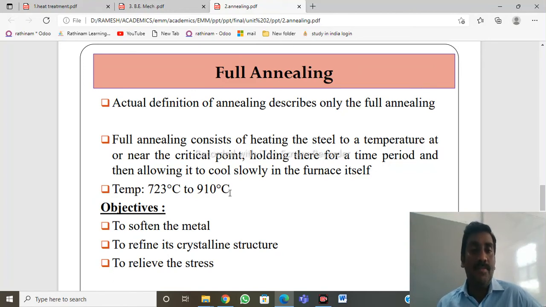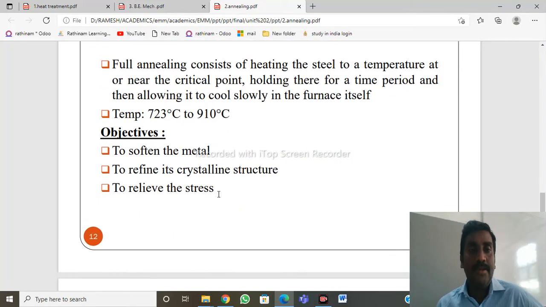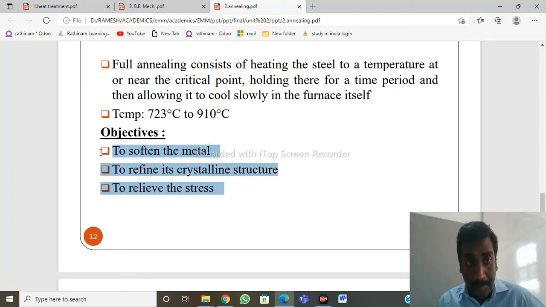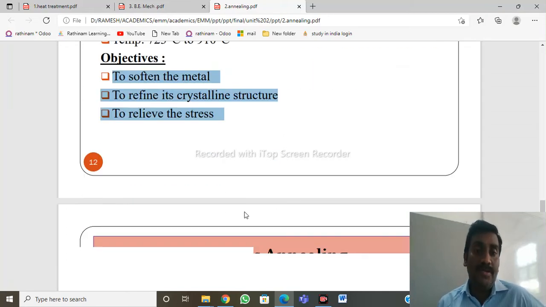So this is annealing. The temperature is nearly 723 degrees to 910 degrees centigrade. Objectives: what kind of objective do we have in this process? To soften the material, to refine its crystalline structure, and to relieve the stress. So these are the three objectives of the full annealing process.